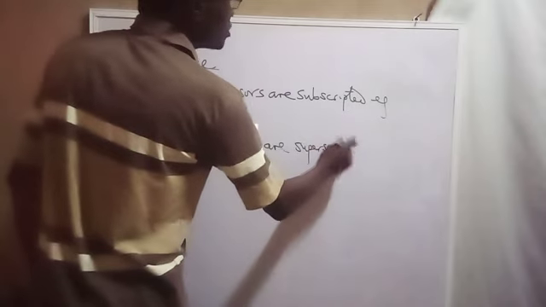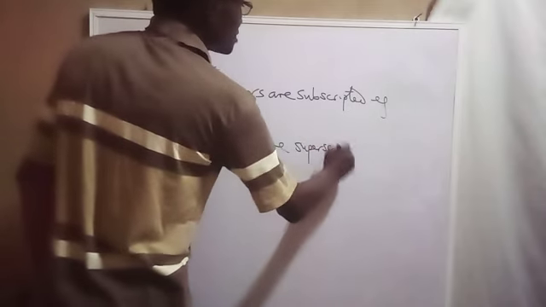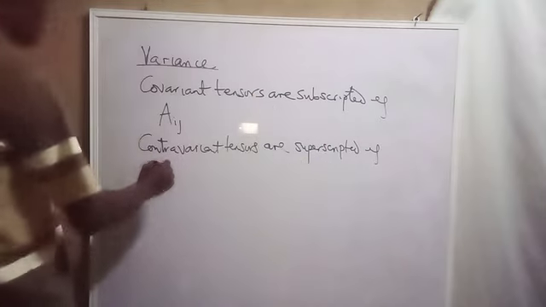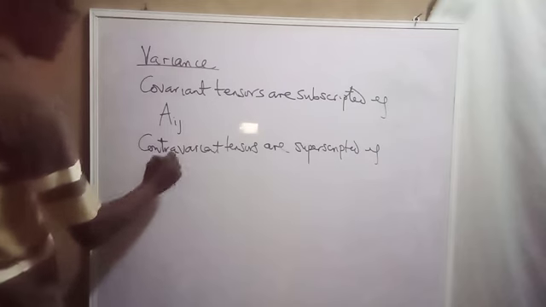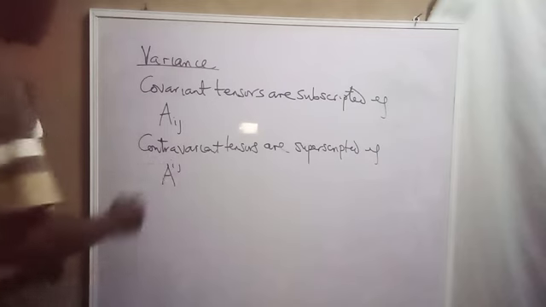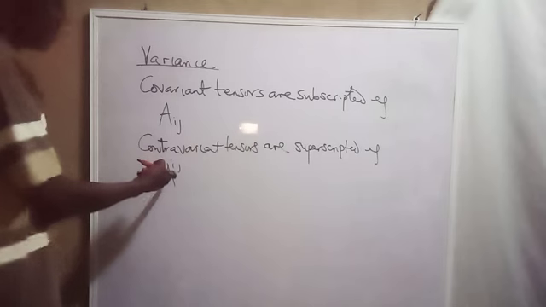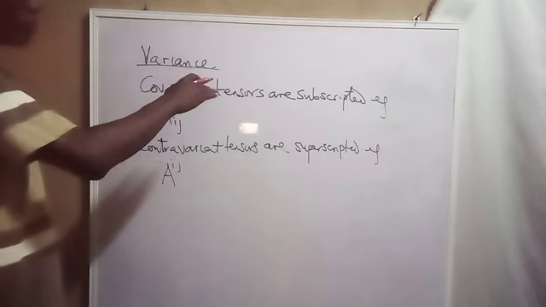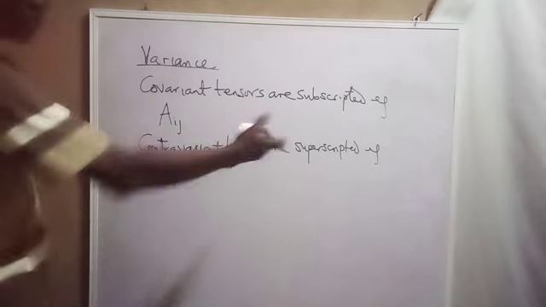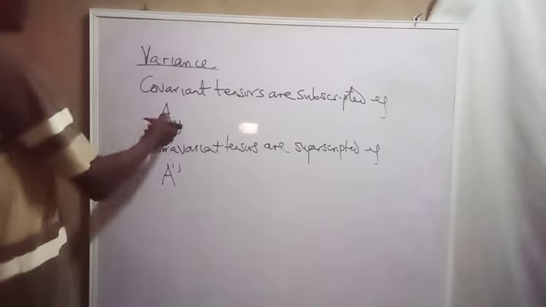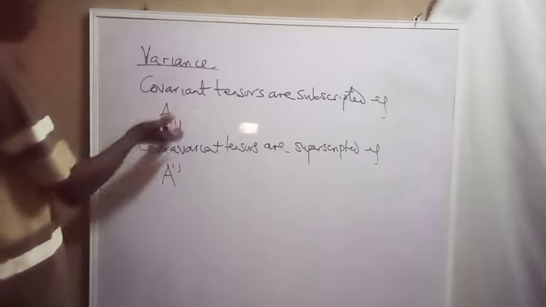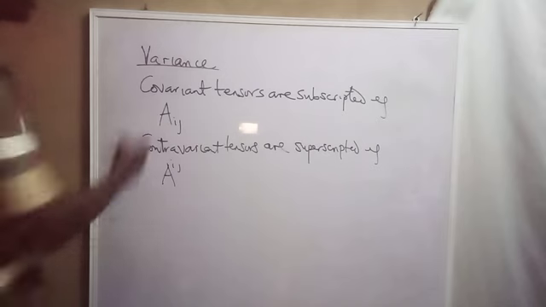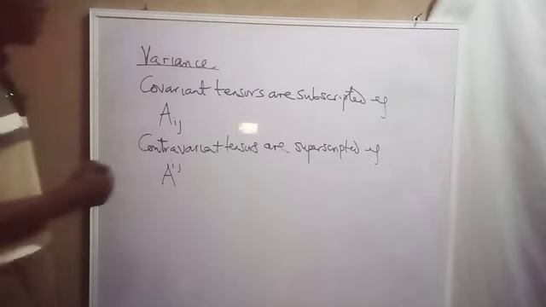From the word superscripted, for example, A^ij, the indices i and j are on top. They are superscripted. But the ones that lie below, instead of being up, are regarded as subscripted ones. So those are called covariant tensors.